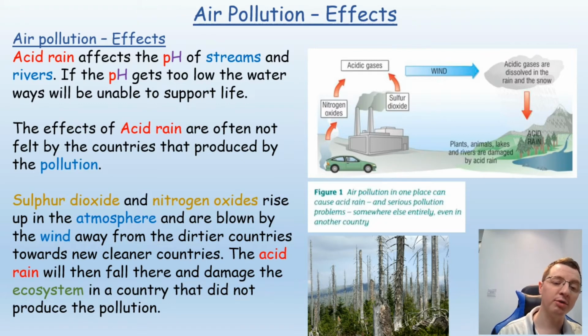Instead, the sulfur dioxide made in factories and power stations and the nitrogen oxides made in car exhausts rise up into the atmosphere, and they're blown by the wind away from the dirtier countries towards new, cleaner countries. And the acid rain will then fall there and damage the ecosystems in a country that did not produce the pollution.